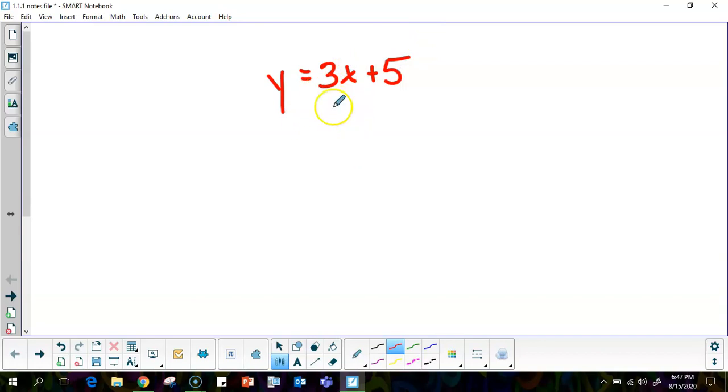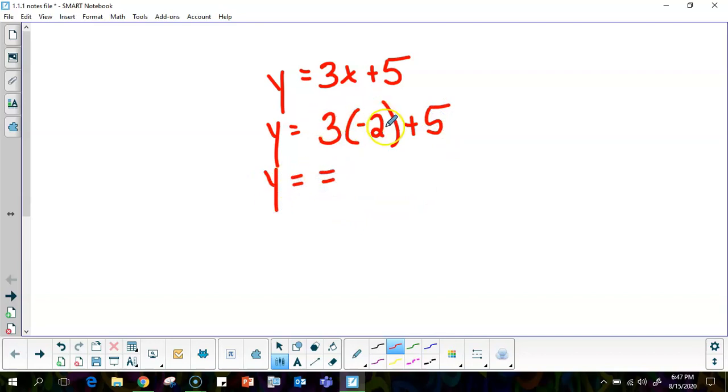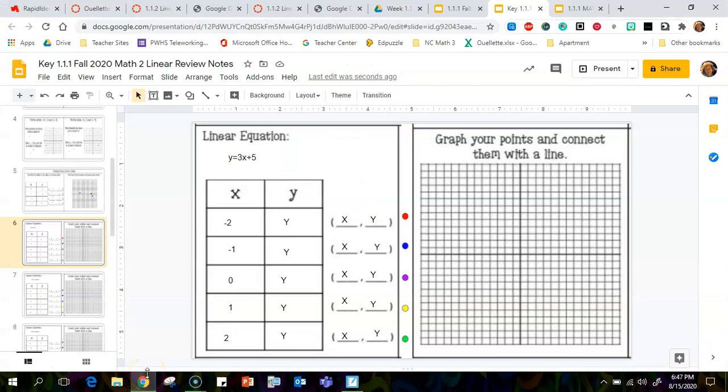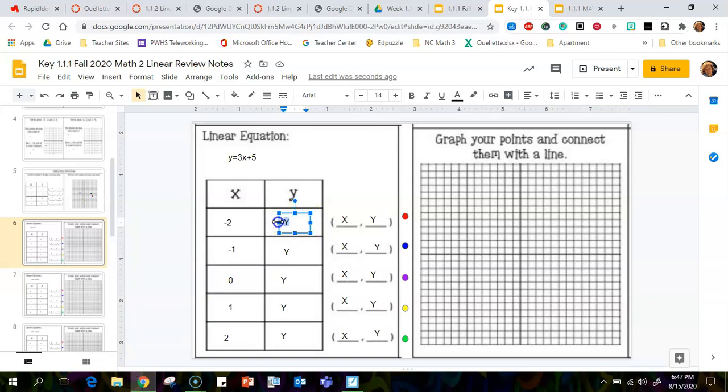So I would take that -2 and fill that in for the x and then just do the math. That would mean y would equal, 3 times -2 is -6, plus 5. That's -1. So then I'll go back over to my slide and type in a -1 for y. So if x is -2, y is -1.